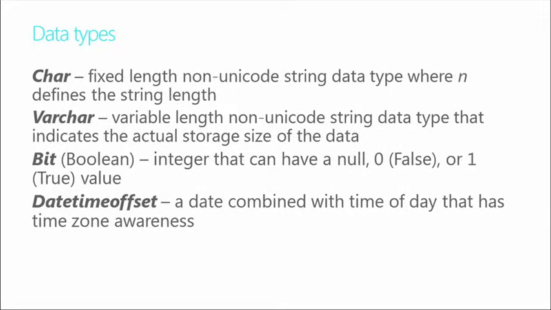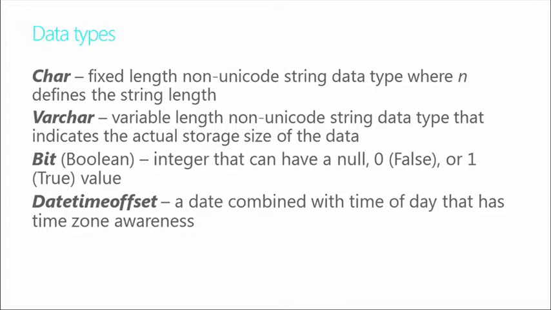A couple of other ones are char, short for character. Anything can go in a character field, so we can put numbers and letters in there. Alphanumeric characters can be stored there. A char has a fixed length. If I do a char 20, it's going to allocate 20 spots, 20 bytes, I believe. Bytes or bits?